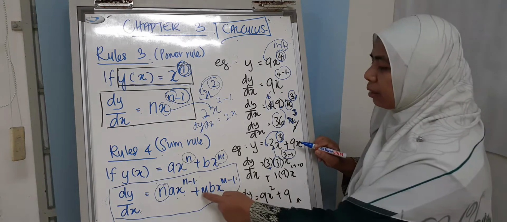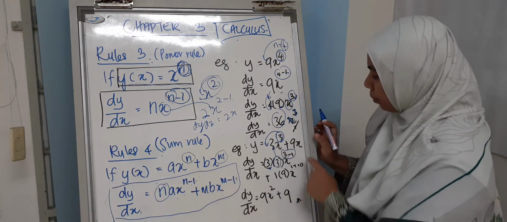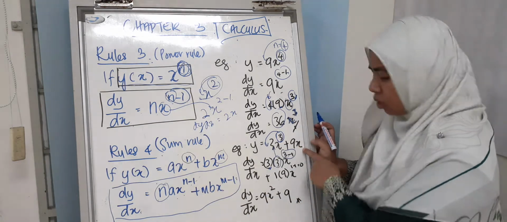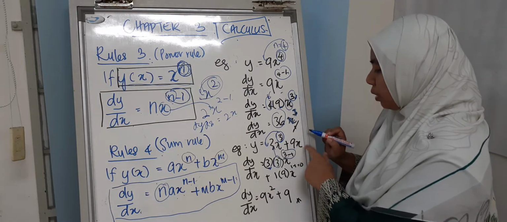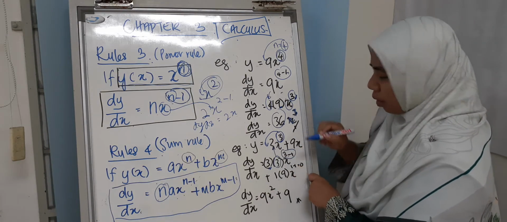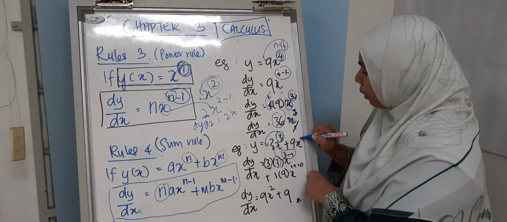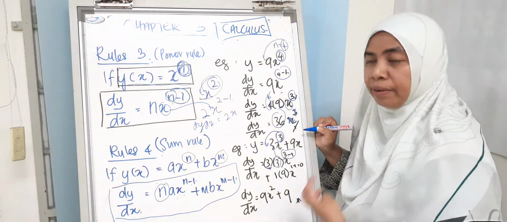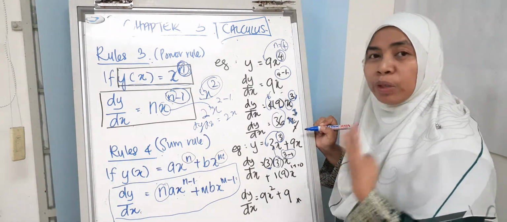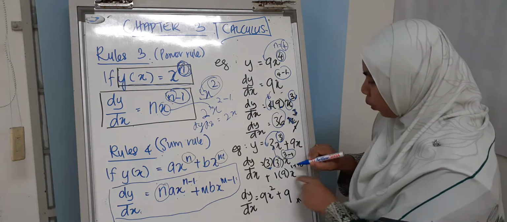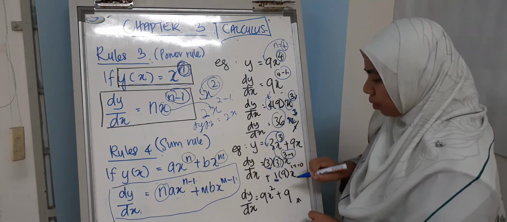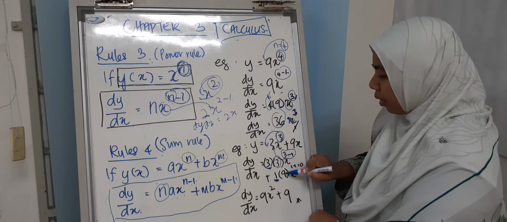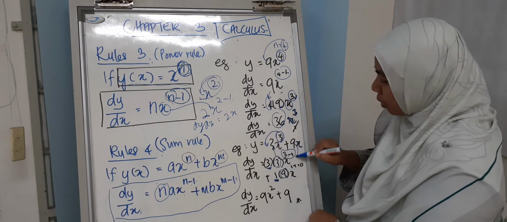And the other equation which is 9x, how to solve this one, differentiate? I already told you when there is no power, that means the power is 1. So just put 1 here, and this one 9 from the equation.